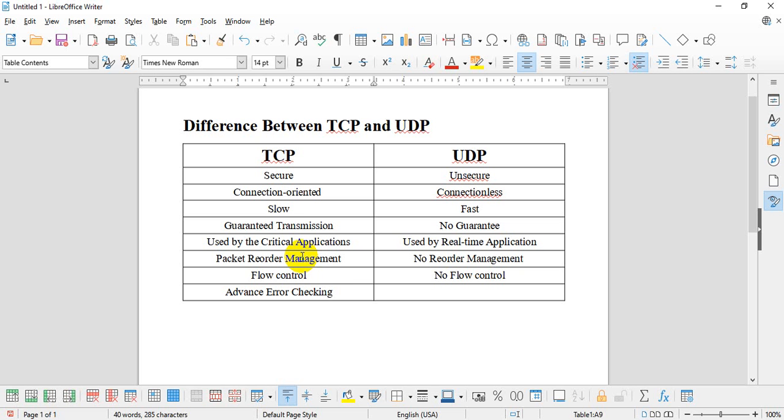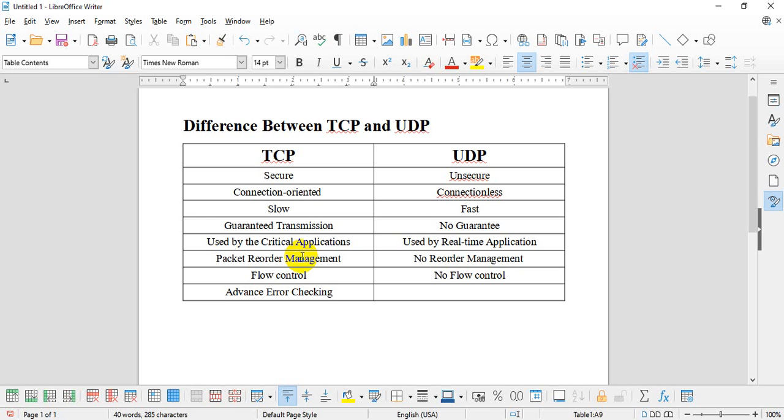The message sent by the sender must be exactly the same message received by the receiver. When we compare the message sent by the sender and the message received by the receiver, the message must be exact. So it maintains the integrity and the consistency of the message.